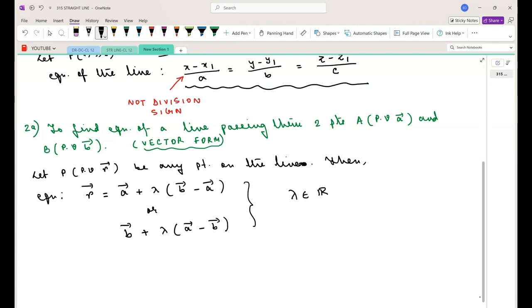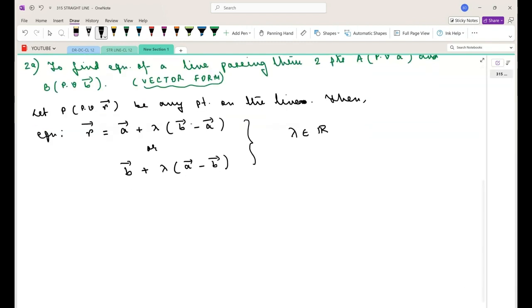Now we'll do the corresponding Cartesian form. So I'm just putting some dots because the language is the same.